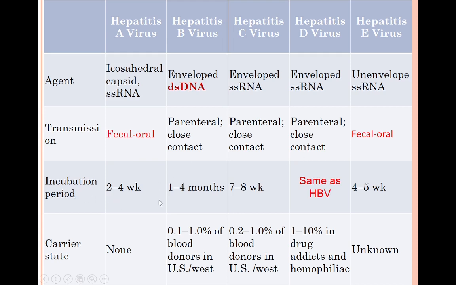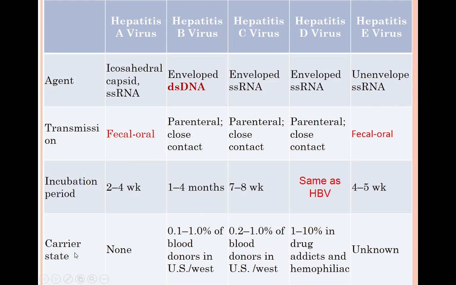The incubation period here, the hepatitis A virus has the shortest incubation period. It's always an acute history, whereas the others have a longer incubation period. Notice here that hepatitis D virus has the same incubation period as hepatitis B virus.